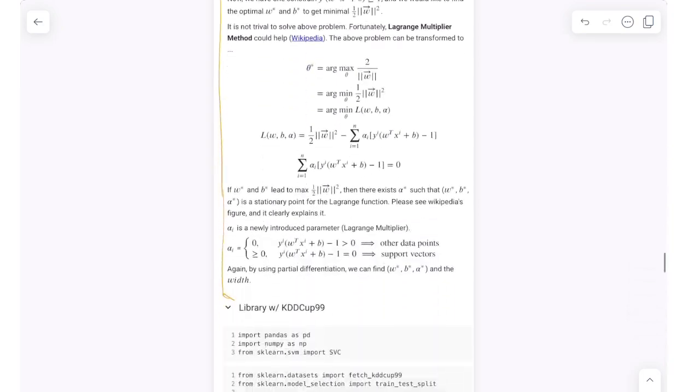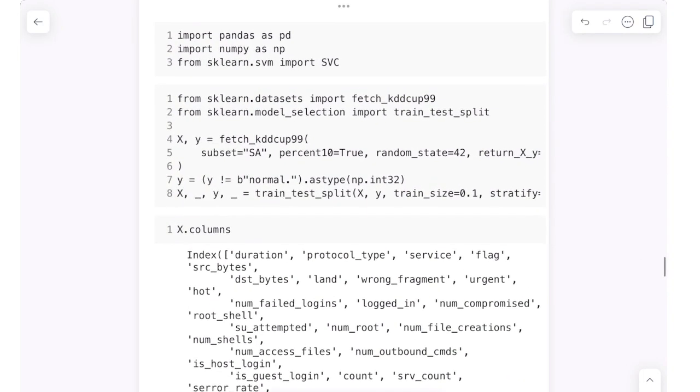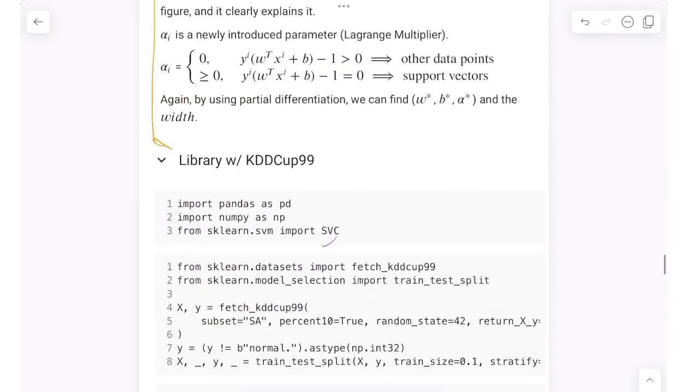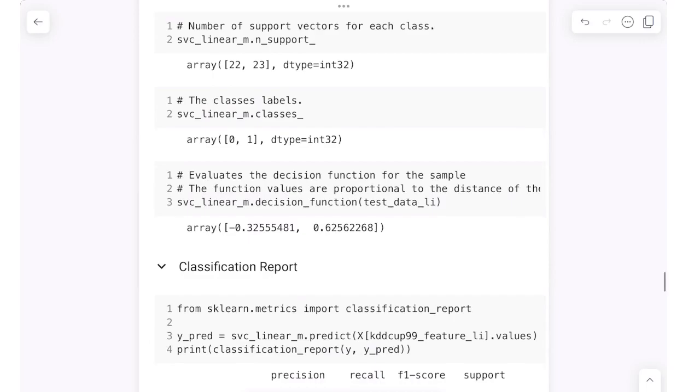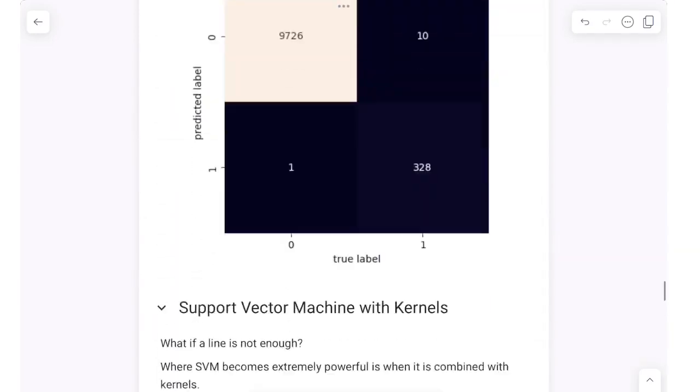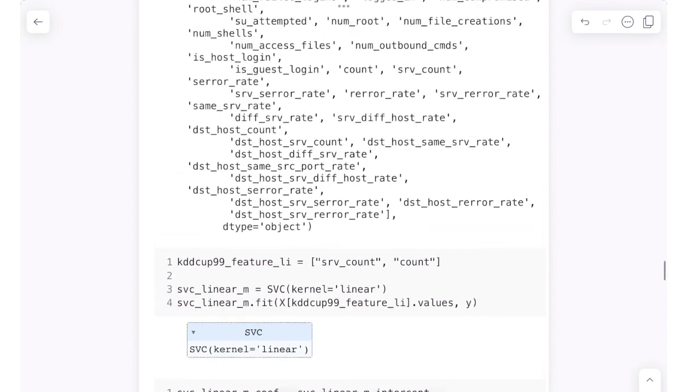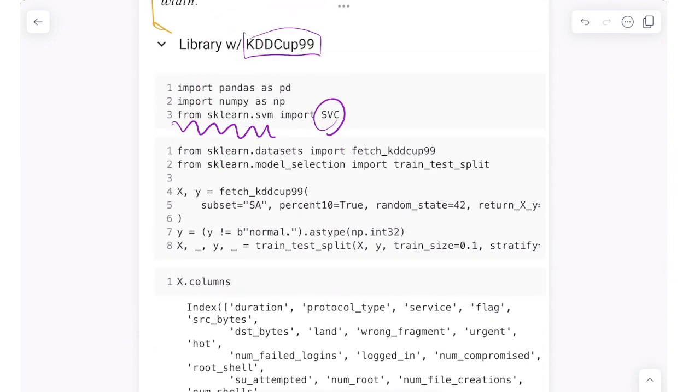So again, usually we don't do this math by ourselves. We simply use some Python packages to help us find the solution. That is enough. And I would like to introduce a new data set called KDD Cup 99, which is a very interesting data set related to cybersecurity.